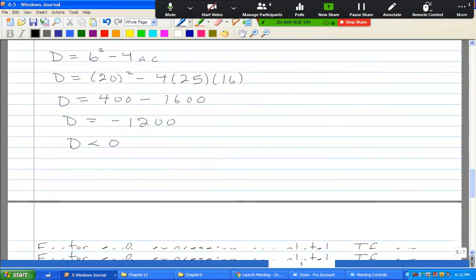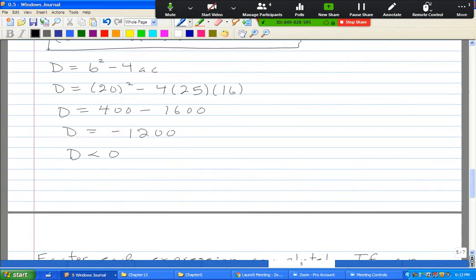Recall that if your discriminant is less than 0, then you have two unequal complex roots, or well, I should really say complex, non-real roots.